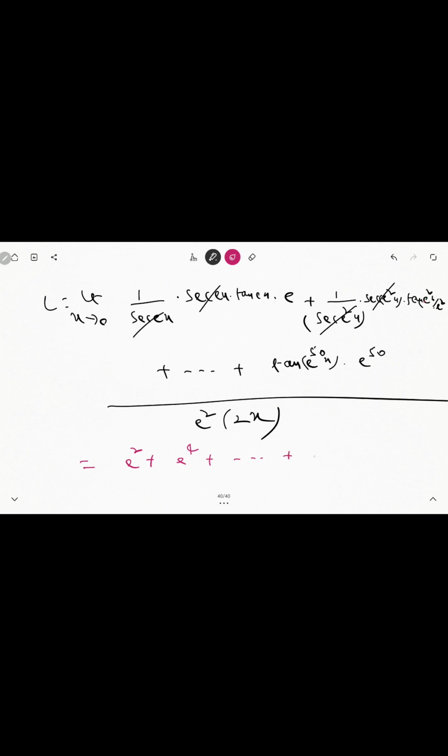So on up to what you get there? E power 100. Understood or not? Same logic I am applying, like induction only. By dividing by x to each and every term, we are having 2e square. Understood? And apply tan theta by theta is 1 whenever theta goes to 0. So apply the GP formula.